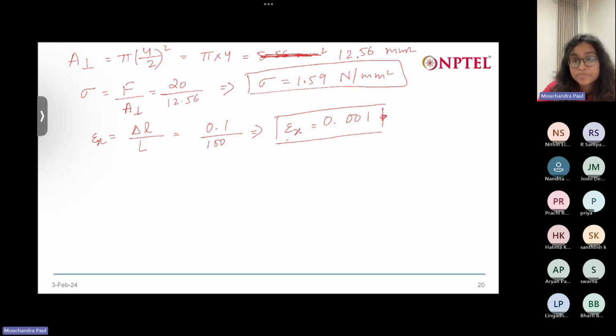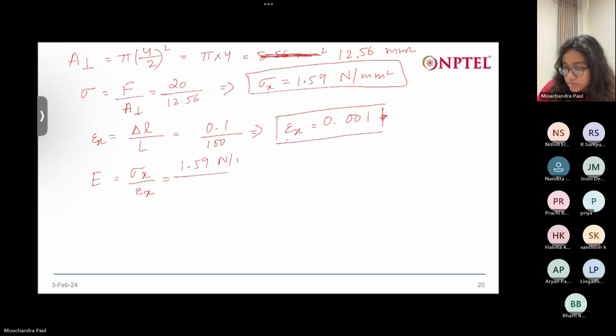Now, the stress that we calculated is also in the x direction. So using these two values, we'll be able to calculate the Young's modulus, which is stress by strain, just the ratio of these two.